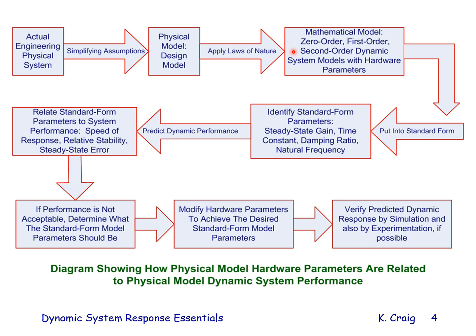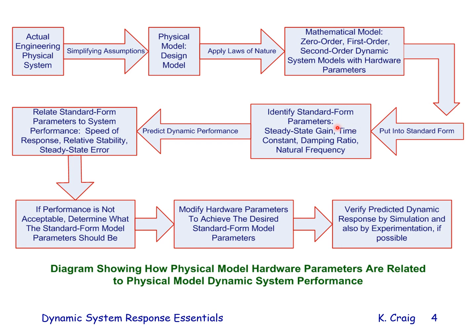Once we have our mathematical model with hardware parameters, we then take the step to put these differential equations with these hardware parameters into standard form. The zero order, first order, second order dynamic system models have a standard form.